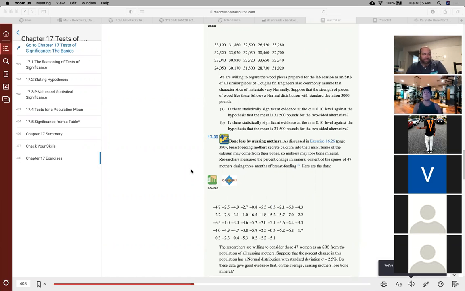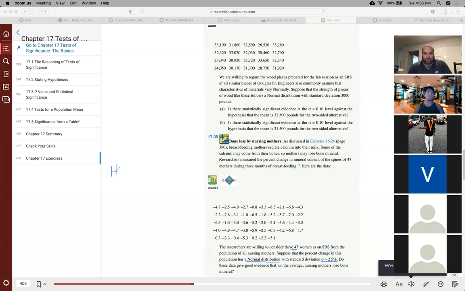Here are the data. The researchers are willing to consider these 47 women, that's N, as an SRS from the population of all nursing mothers. Suppose that it's a normal distribution whose sigma is 2.5%. Do these data give good evidence that on the average, nursing mothers lose bone mineral?